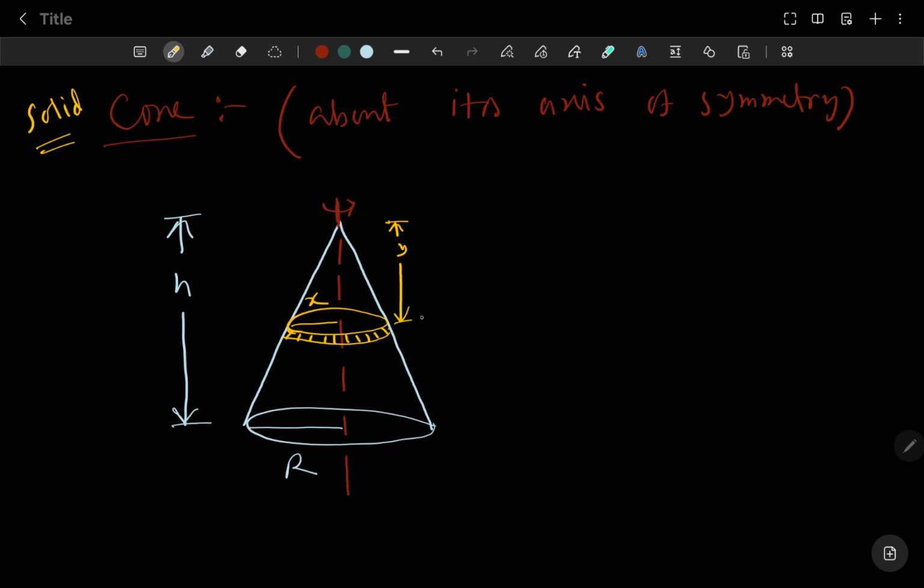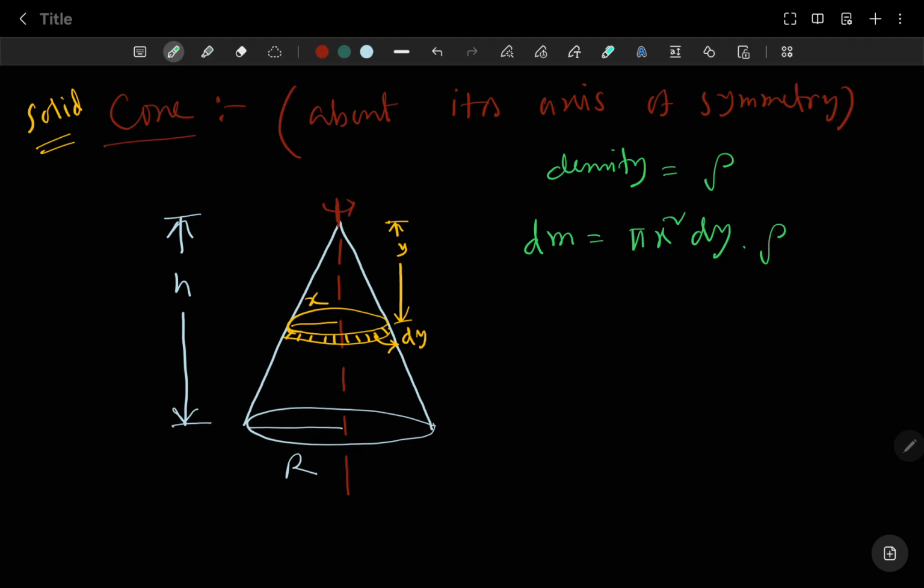So this width is dy. Alright, so density is rho. So mass of this disk will be volume into density. So volume is pi x square dy, over pi r square h, into density rho.